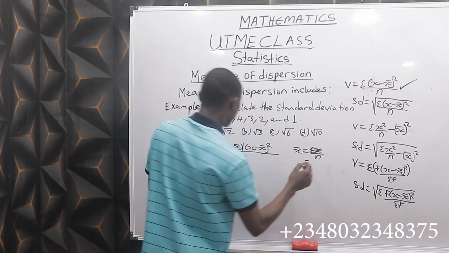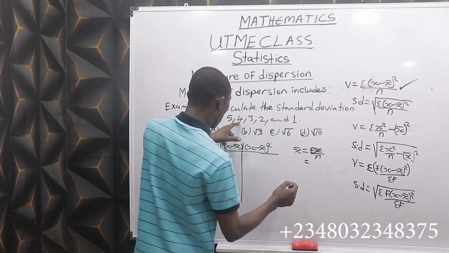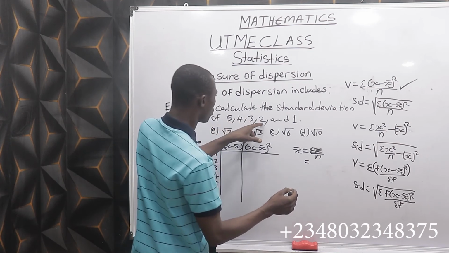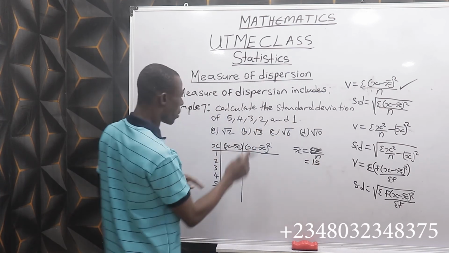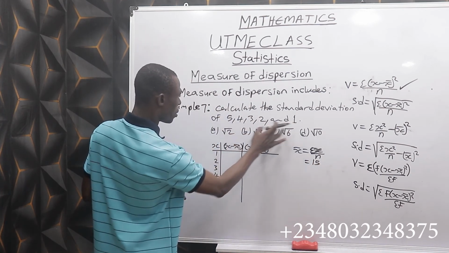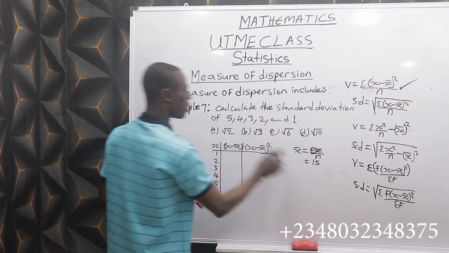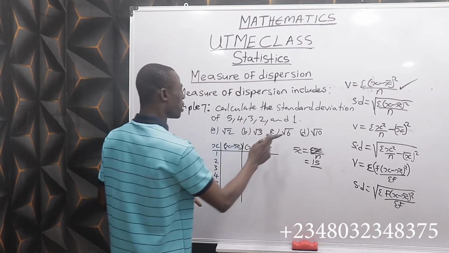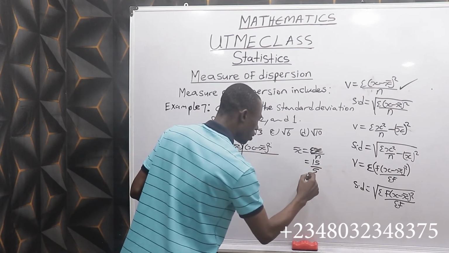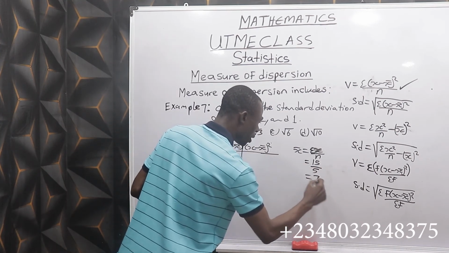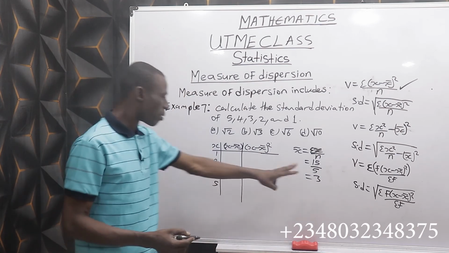So which is 5 plus 4 plus 3 plus 2 plus 1. That is 15. Am I right? Yes, 15. Divided by n. N is 1, 2, 3, 4, 5. 5. 15 divided by 5 is 3. The calculated mean is 3.